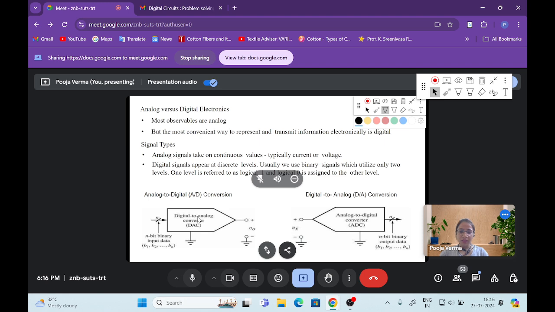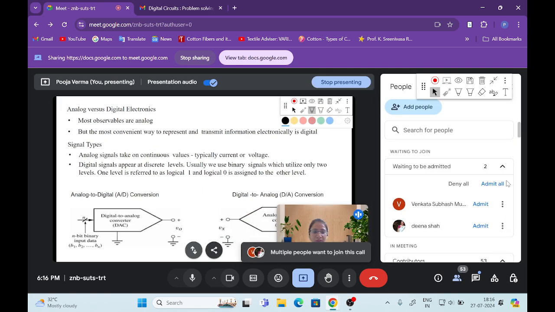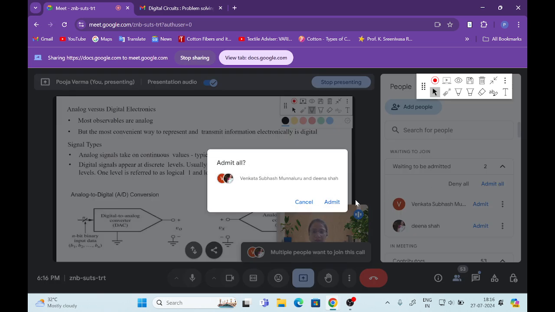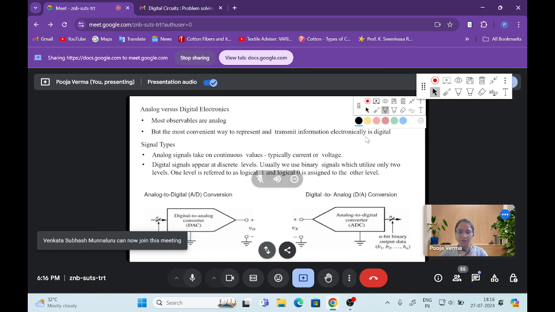Okay, so this one is analog to digital conversion and this another one is digital to analog conversion. In digital to analog conversion, first we give the n bit binary input to a system that will be converted into the analog domain in some fashion.